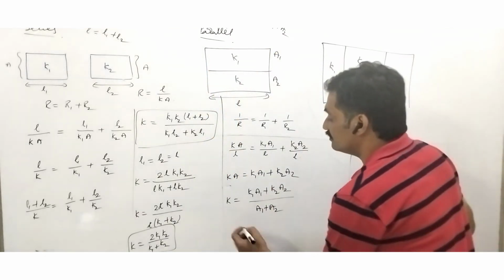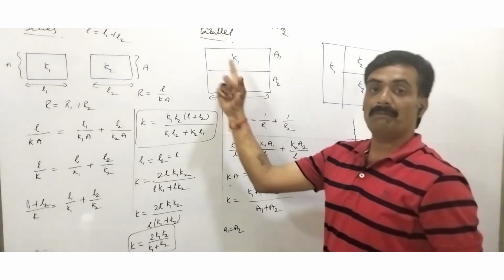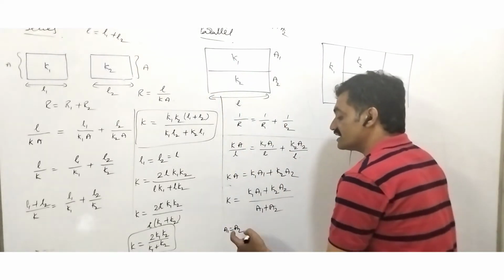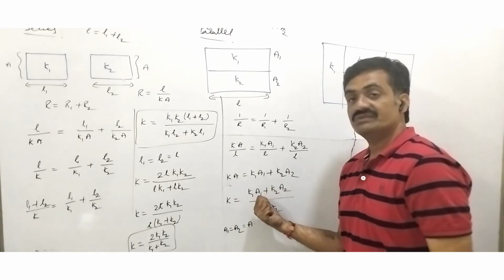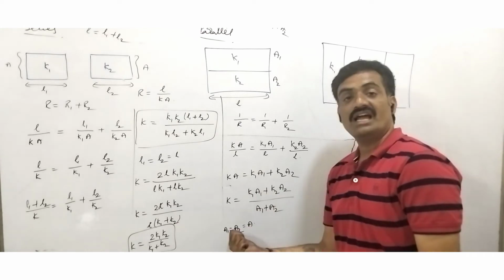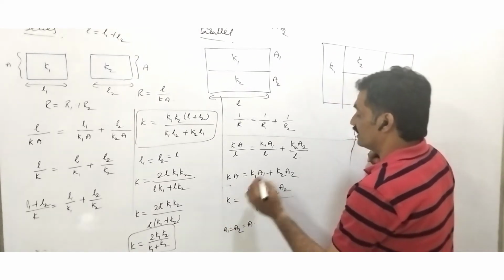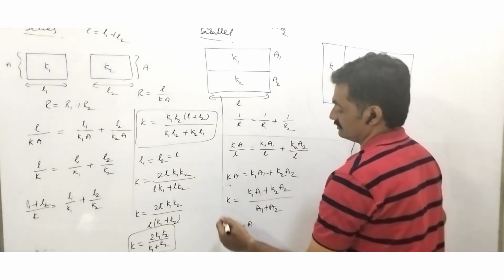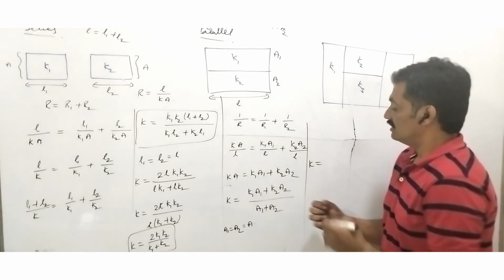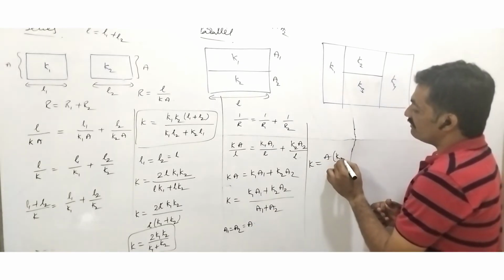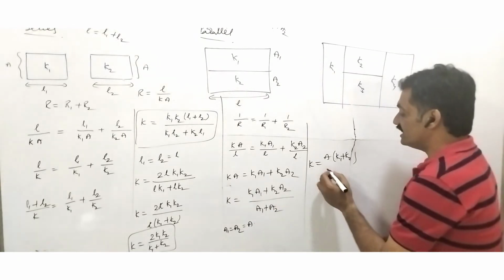Suppose we consider both conductors having equal areas and connected in a parallel combination. So we can substitute A1 equals A2 equals A. As we substitute A1 equals A and A2 equals A, here we can take A as common. Then K equals A into K1 plus K2 by the sum of the two areas, A plus A, which is 2A.